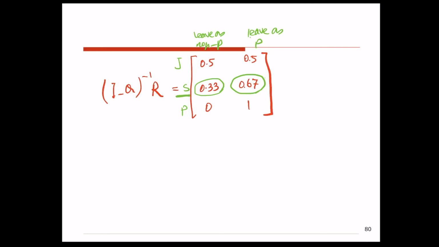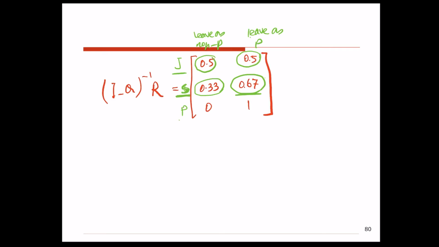If a person is a junior lawyer right now, the chance that the person leaves as partner is 50%, and the chance that the person finally leaves the company as non-partner is 50%. And as you can see, as the person changes from junior state to senior state, the chance that the person finally leaves this company as partner has increased. The chance that the person finally leaves at some point as non-partner has decreased.